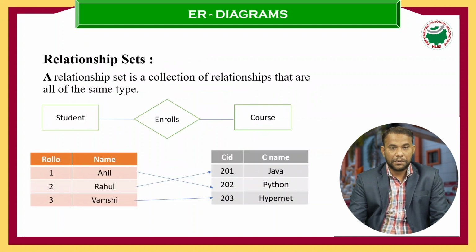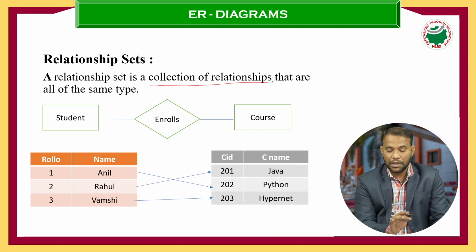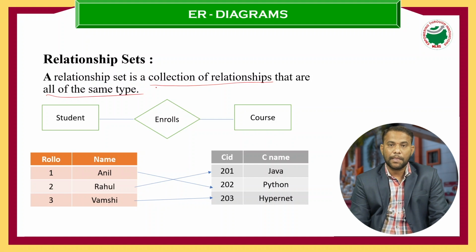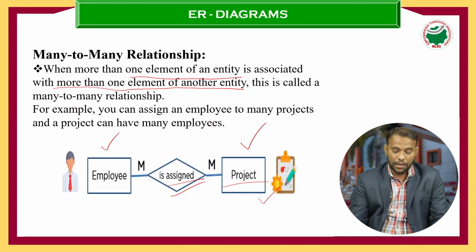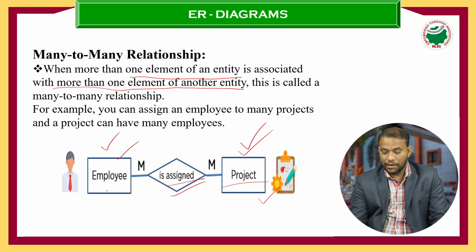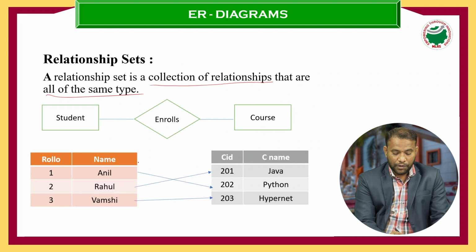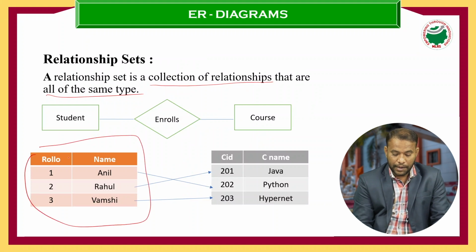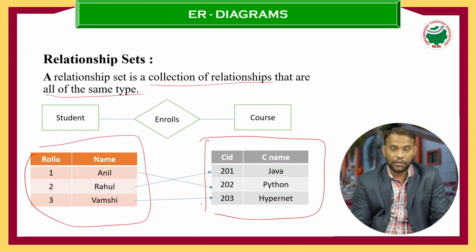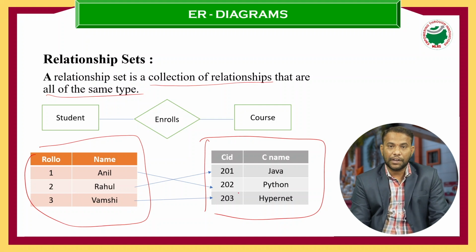Right. Next one is relationship sets. A relationship set is a collection of relationships that are all of the same type. In the previous example, we had a single relationship between two entities. But here, see, these are the two tables: roll number and name in one table, and course ID and course time in the other.